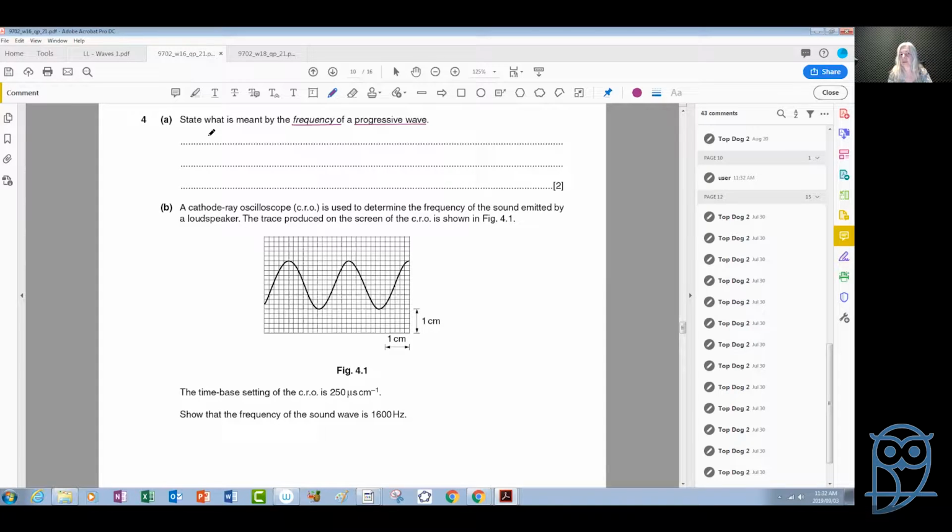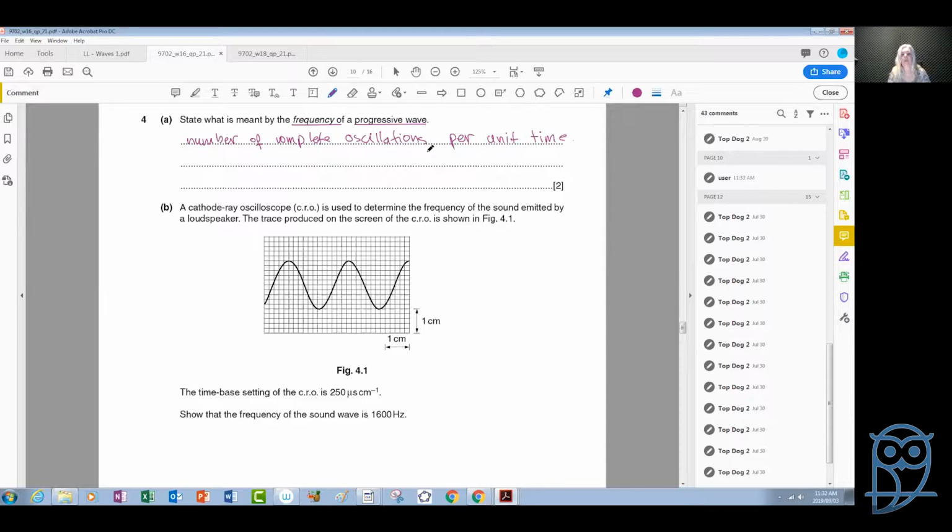How many oscillations are completed per second, in other words, that is the frequency: the number of complete oscillations per unit time. Okay.